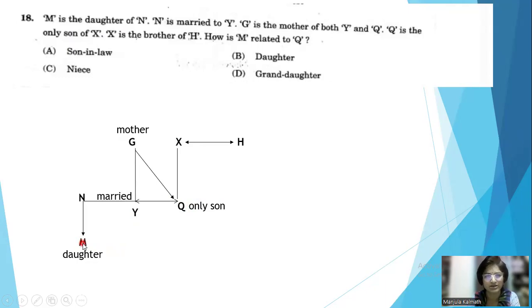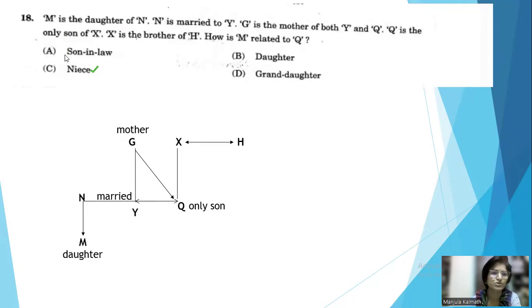That is the relationship between M and Q. M is the daughter of the N and Y couple, and the brother of Y is Q. So for M, Q is the uncle, and for Q, M is the niece. The correct answer for this one is niece. I hope it is clear to you.